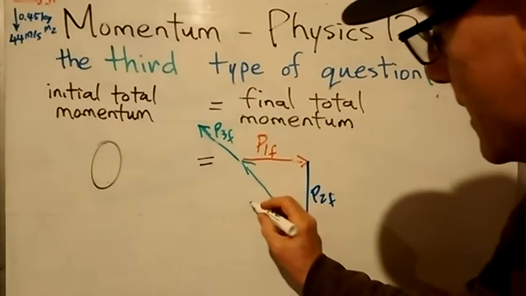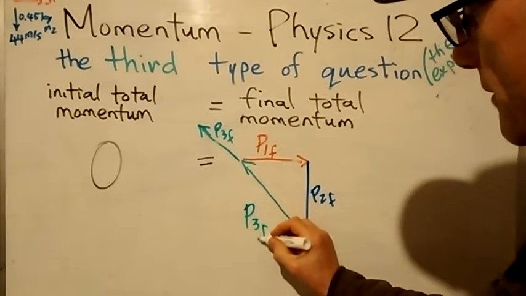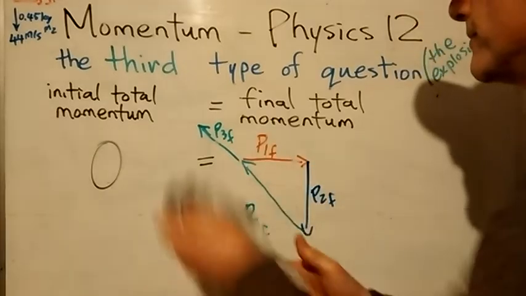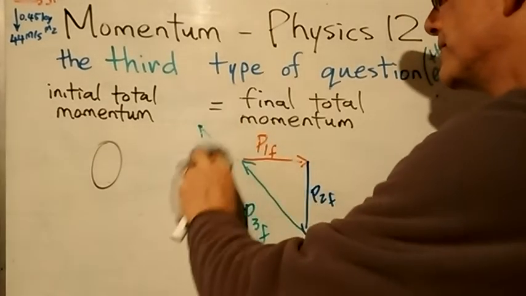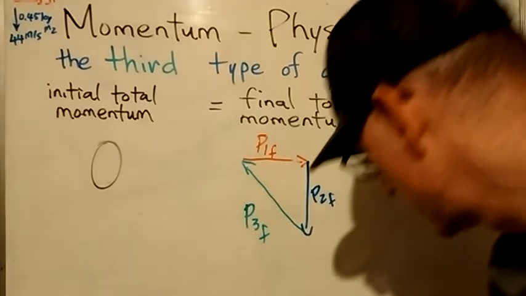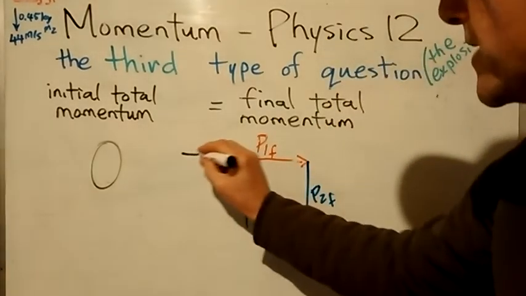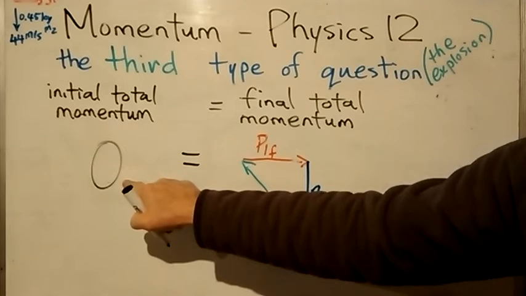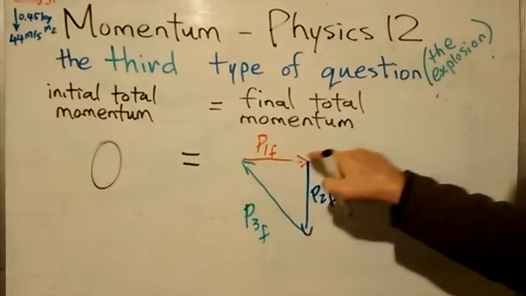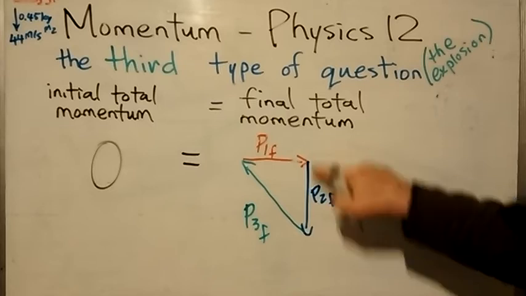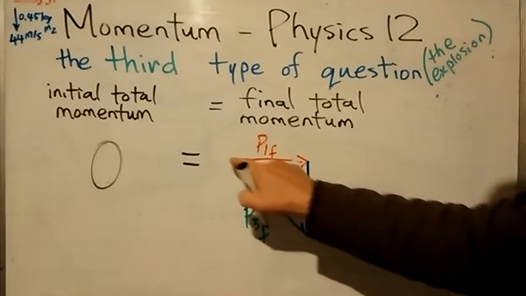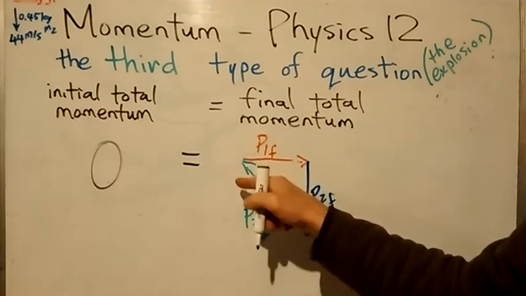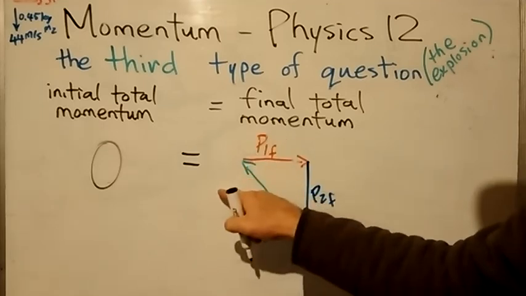And that is P3 final. And the bottom line is 0 was no momentum. They had none at all. And if you add up that momentum, P1 final plus P2 final plus P3 final, it really does come back to 0. That is what the law of conservation of momentum says.